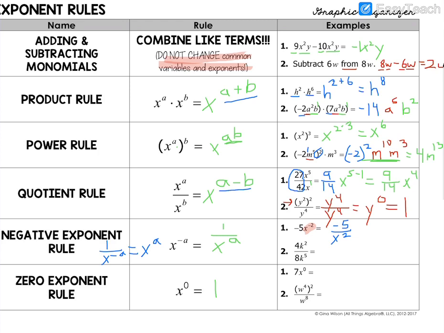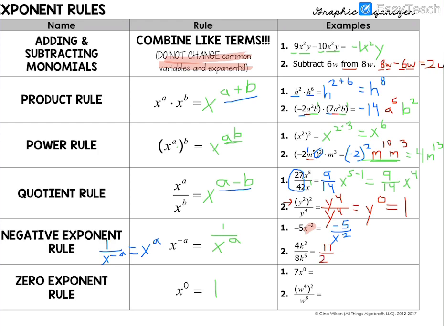That will reduce to 1/2. And if we use our quotient rule and we subtract, I'm actually going to erase this and use a different color. That way we can tell the difference in the problems. So I reduced the 4 over 8 to 1/2.